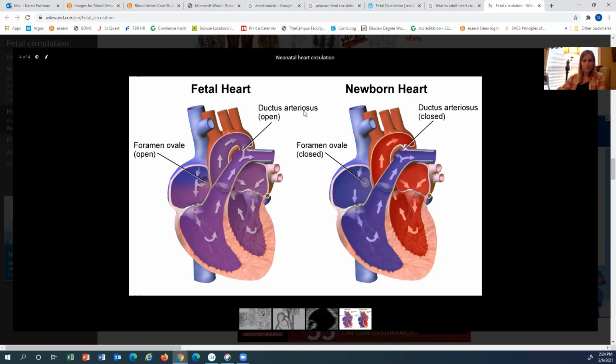Ductus, again, meaning opening or tunnel or tube, but this time it's an opening of an artery. Remember, ductus venosus was the open vein from the umbilical cord. This is the ductus arteriosus because this is the pulmonary trunk, and this is the aorta, which is also an artery.